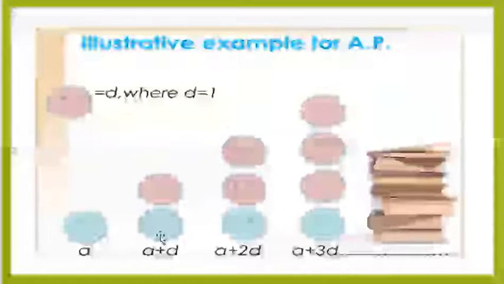Second number, a plus d. Now see a plus 2d: this is a, and once again there is a first difference d, and once again a second difference d, that is a plus 2d. Same way we can find out a plus 3d, just a plus 1, 2 and 3d. In this way, these are the illustrative examples for AP.